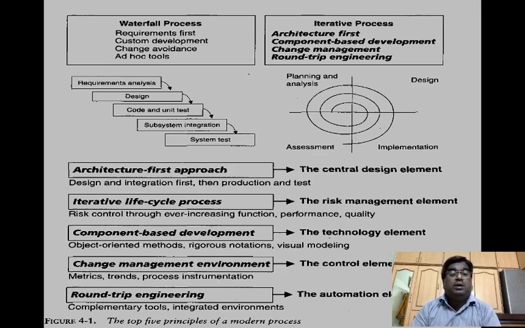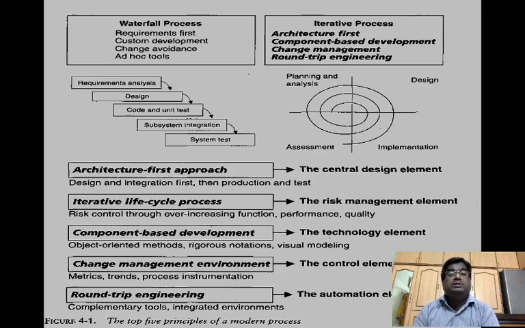Then the top 5 principles of modern process are: architecture first. Architecture means the design; the design of the project is done first. Then the iterative life cycle process is applied. With the use of the iterative life cycle process, the risk management element, the risks are identified. Risk control through ever increasing function, performance and quality is possible. Third is component based development.